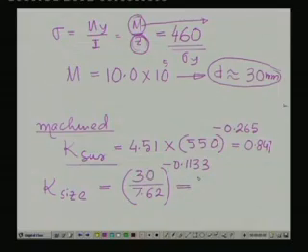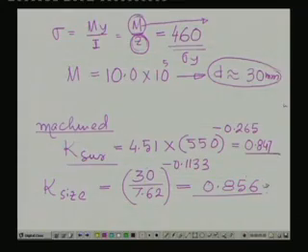and this gives us a value of 0.856. So, we have found K surface and K size, but this is still a little bit of an approximate value. Anyway, after the intercalculation you will see that the results can be modified to a little extent by using some other factor.